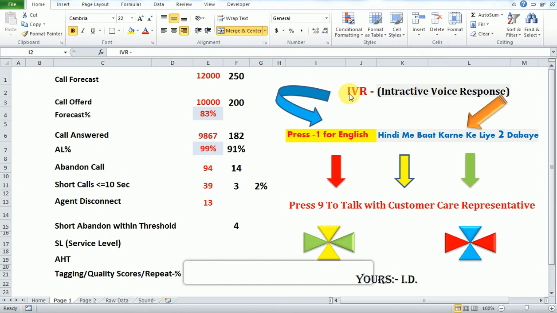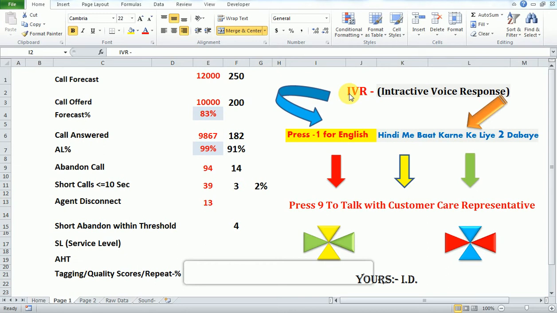Suppose you are trying to connect a call to any call center, like you are making a call to Airtel. Lots of options are there. They say press 1 for English, हिंदी में बात करने के लिए 2 दबाएं. Once you press 1 or whatever according to your choice, they give you the next option.